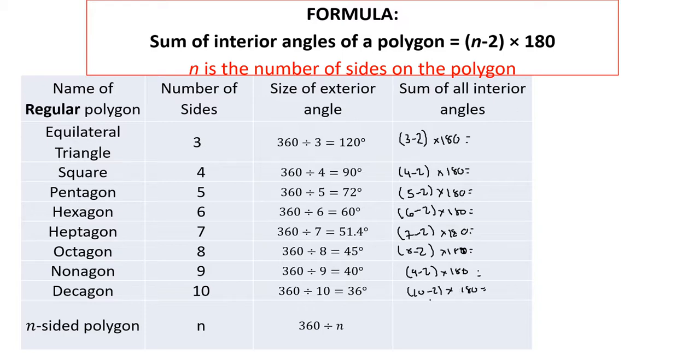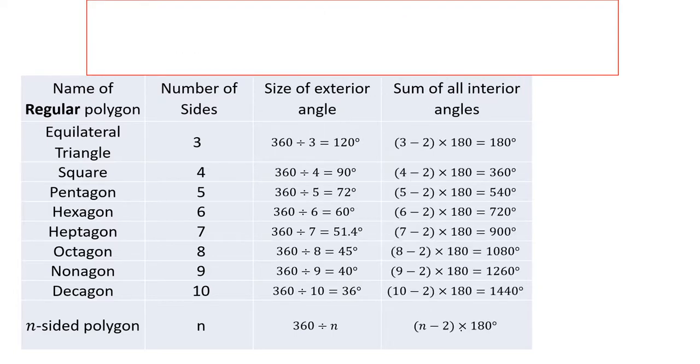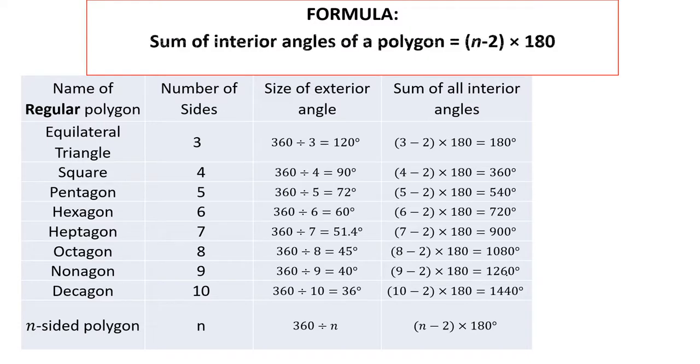And then our n-sided polygon, so a polygon where we actually don't know the number of sides. So the number of sides is n, take away 2, multiplied by 180. So that just goes back to the actual formula that we're given at the start. But if you're not given the number of sides, that's the formula that you'd obviously use. So hopefully yours will look something like this with all of your answers when you've found the answers for your sum of interior angles.